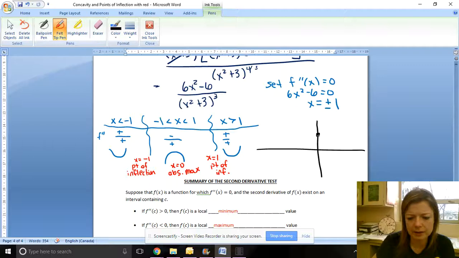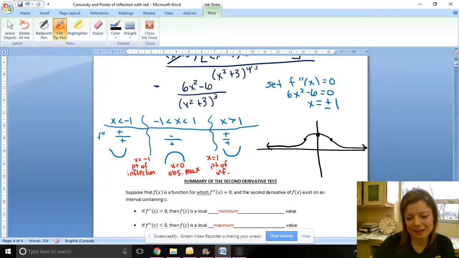I'm going to make it up here. And here are the points at negative 1 and positive 1. So basically this section is concave down, and then these sections are concave up, approaching the asymptote of 0, since it was a bottom heavy function. So that is how that function looks.